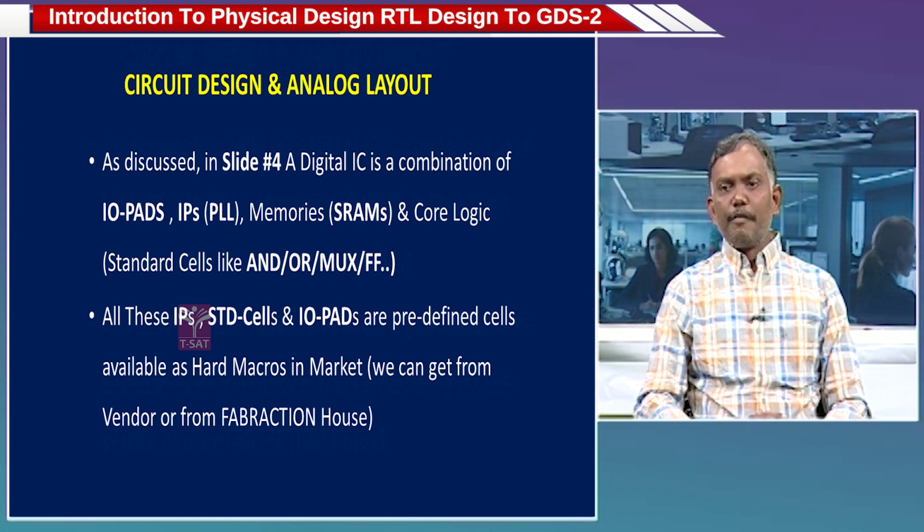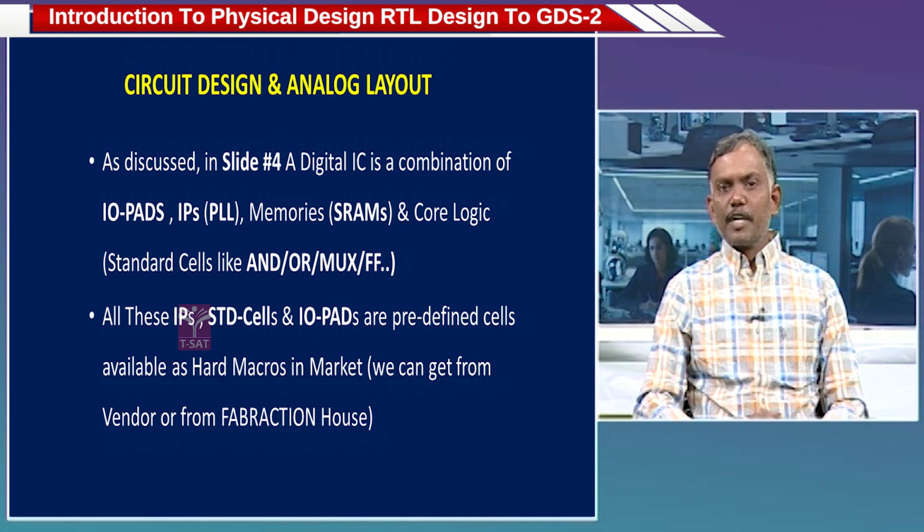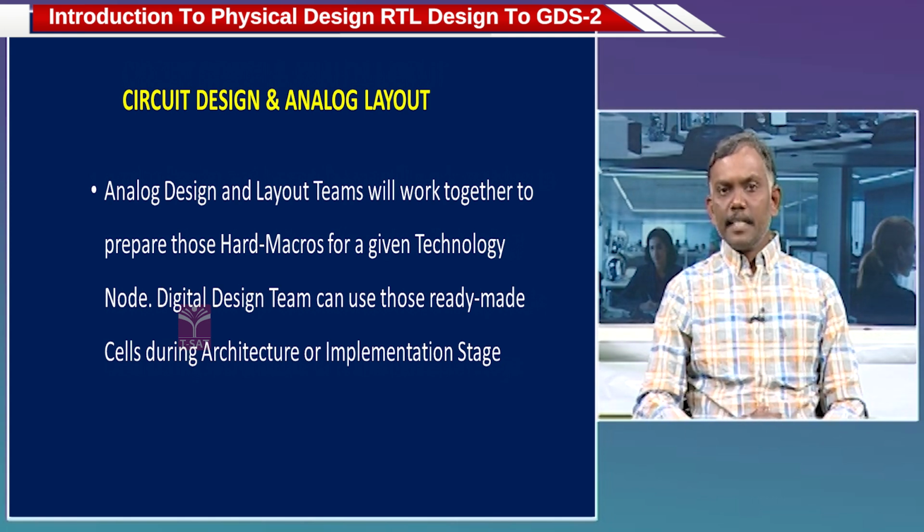If you take a fabrication house, for example, TSMC is one of the famous fabrication houses. If you target a given technology node, we should prepare all these IPs, standard cells, I/O pads and memories with the help of the analog design team and layout team. Means the analog design team and layout team initially work on these required components for a technology node. Those will be used by our digital team at the architecture or implementation levels as available IPs.